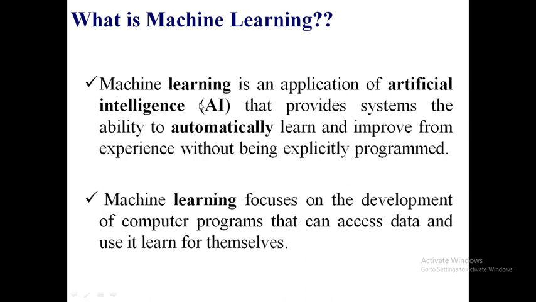So what is machine learning? Machine learning is an application of AI that provides the system the ability to automatically learn and improve from experience without being explicitly programmed. Okay, so what is machine learning's focusing point? The focusing point is to make computer programs learn by themselves and perform by themselves.